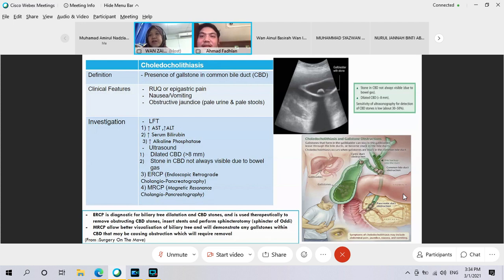Okay. So now it all already progressed. Dah ada obstruction, stone turun ke bawah tu obstruct there. Kan? So, there will be obstructive jaundice. Selalu patient macam ni, dia akan dapat ascending infection. What do you call that? Ascending infection.